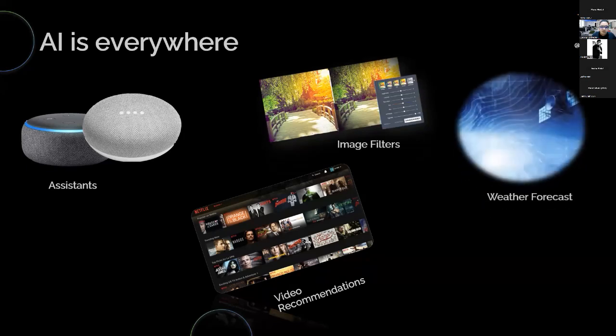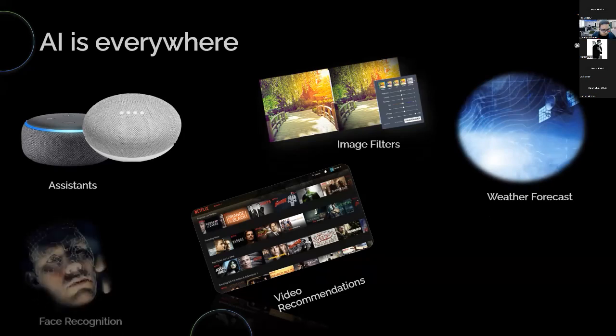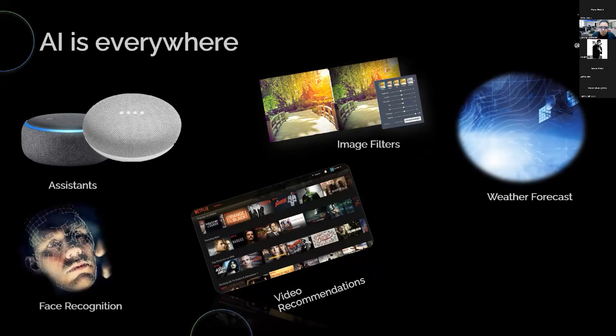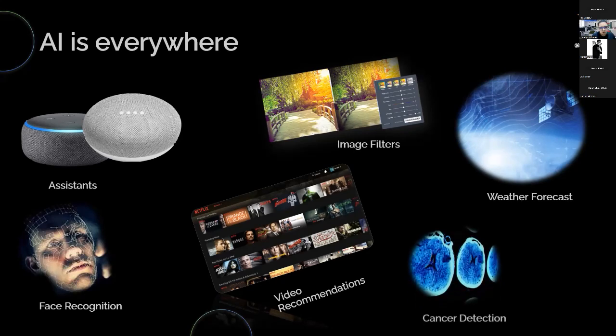Weather forecasting, pest detection, and crop monitoring are also leveraging the power of AI. Face detection, which you find in most smartphones today. In security, fraud prevention also uses a lot of AI in the background. And of course, not to forget medicine, with cancer detection and medical imaging, where AI is in the tools and machines used.